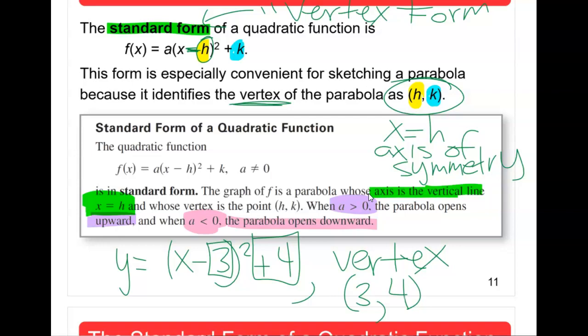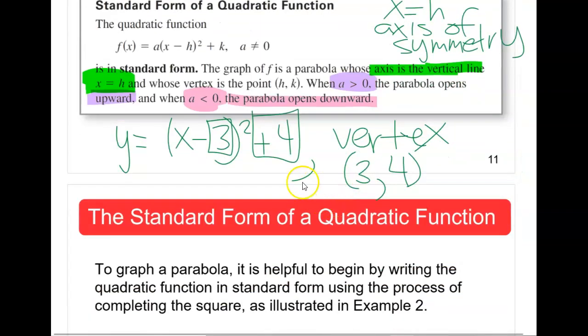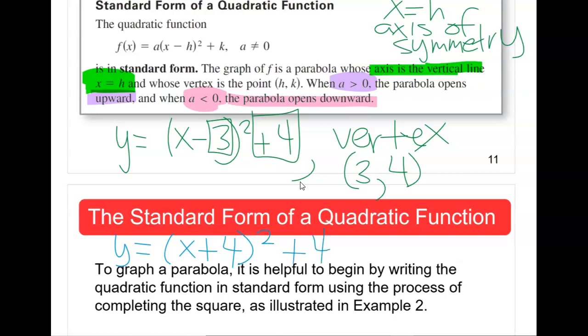But if we were to have another one, I'm going to write it here. That was y equals x plus 4, let's say that. And then let's put a plus 4 here. So then the vertex will be equal to, if we see a plus 4 here, we got to use negative 4, the opposite number, and then the vertical shift just stays like it is.